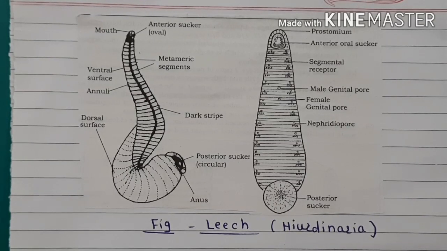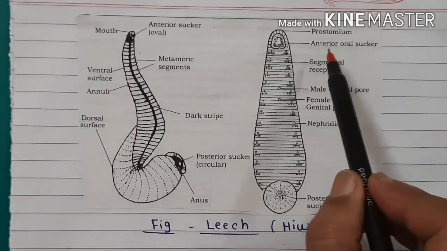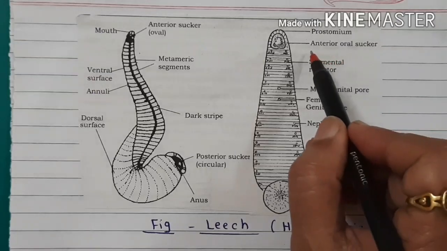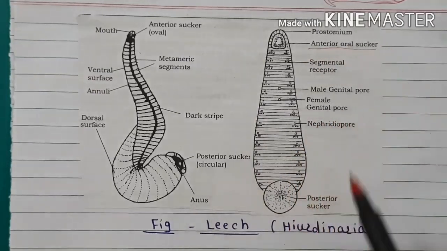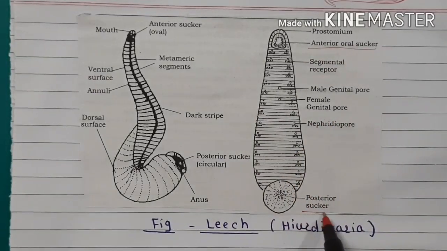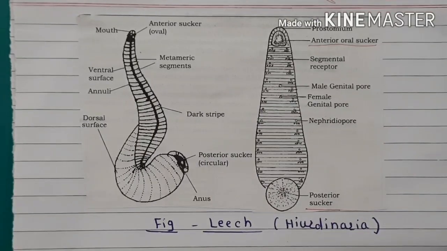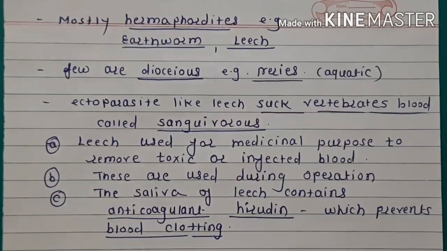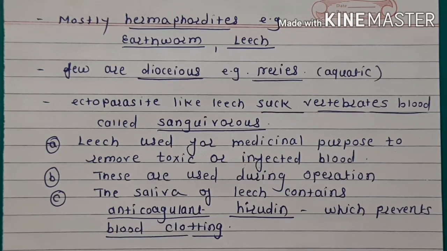In leech, the sucker is present. So observe these two suckers. One is an anterior sucker and one is the posterior sucker. They are hermaphrodites. Example, earthworm and leech.